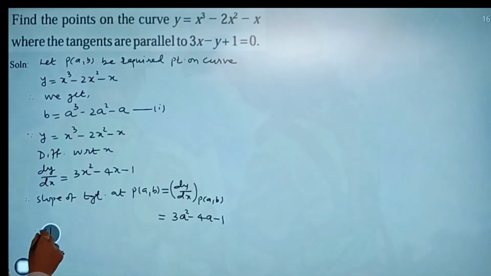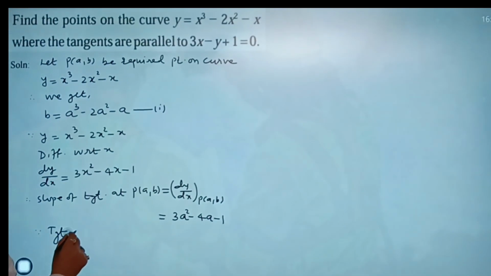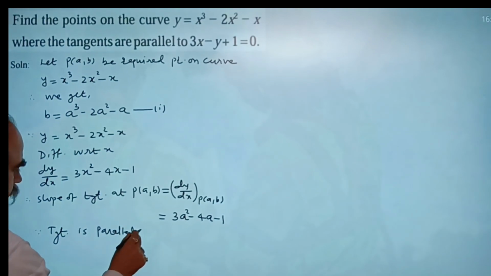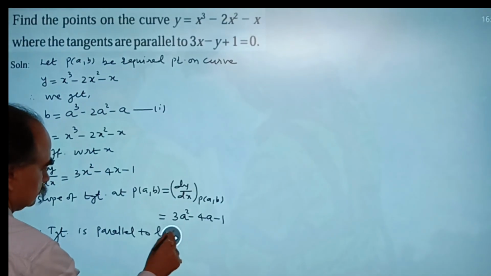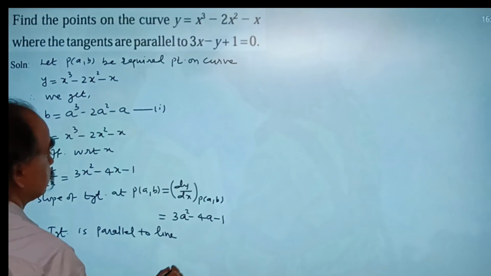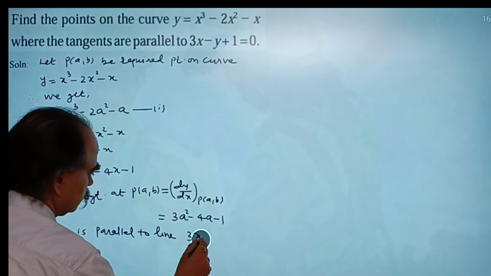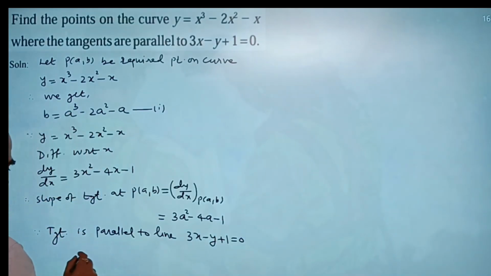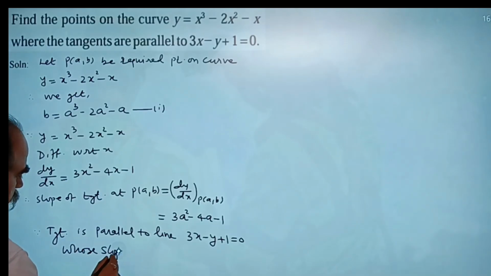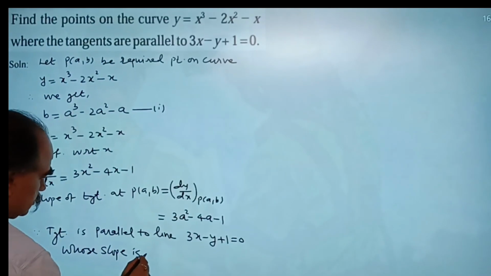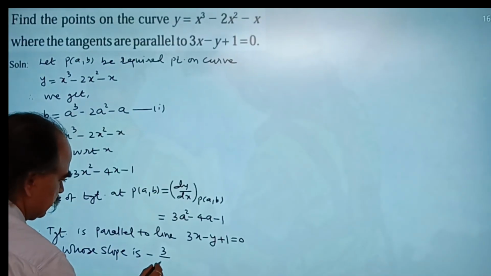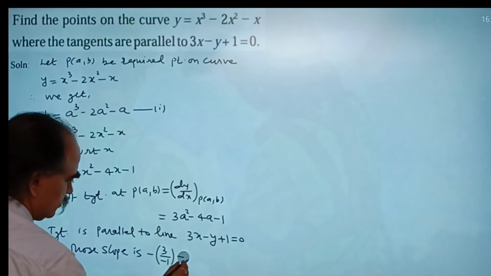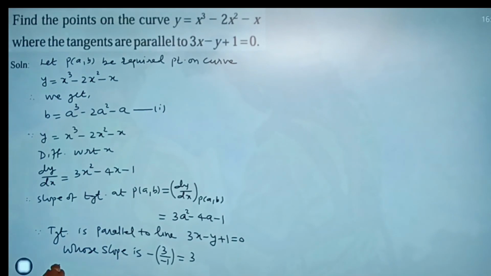Since tangent is parallel to the line 3x minus y plus 1 is equal to 0, whose slope is what? Minus 3 upon minus 1, which is equal to 3.